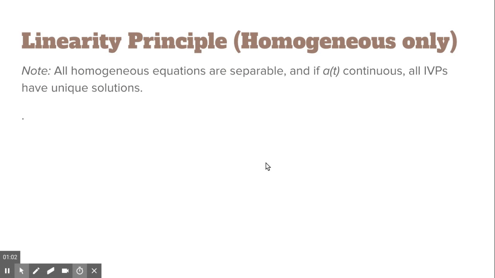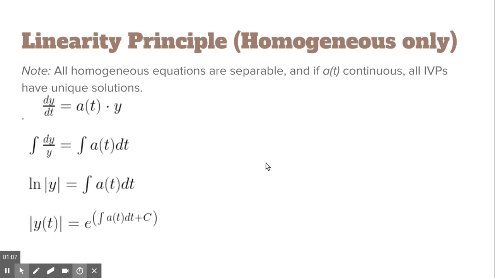So the first thing I want to look at is the linearity principle, which applies to homogeneous equations. So here I've got the general homogeneous equation, and I've proceeded through following separation of variables properties to try to start solving it.